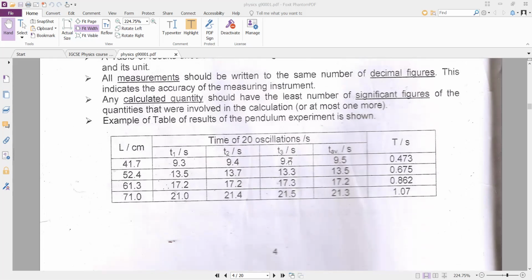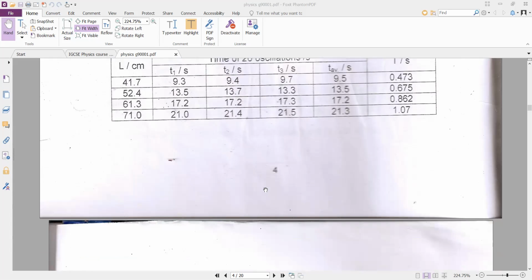We repeat it three times and take the average. The same for the second length, and for the others. This table gives us the accurate time for a swing of the pendulum.